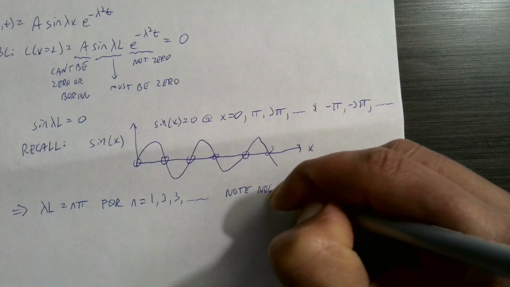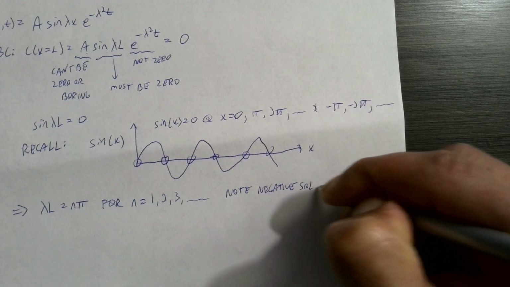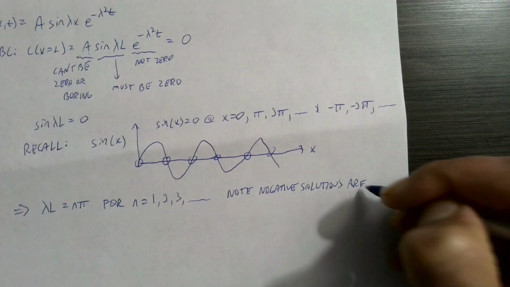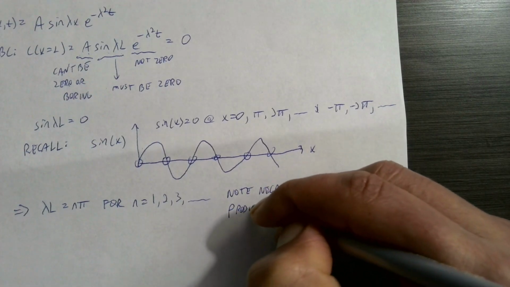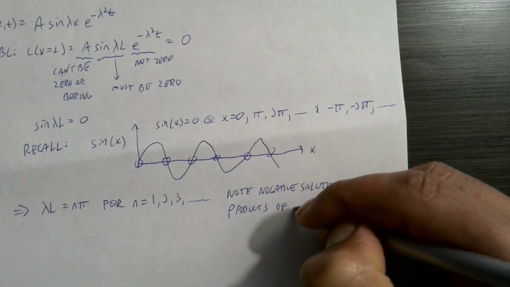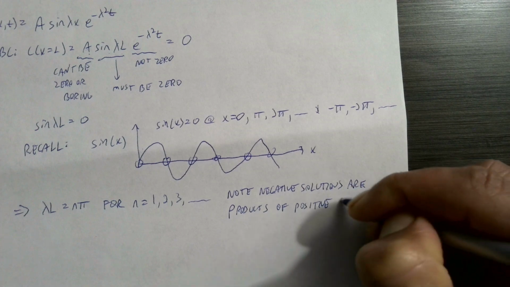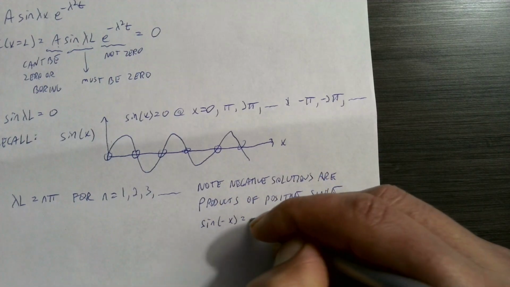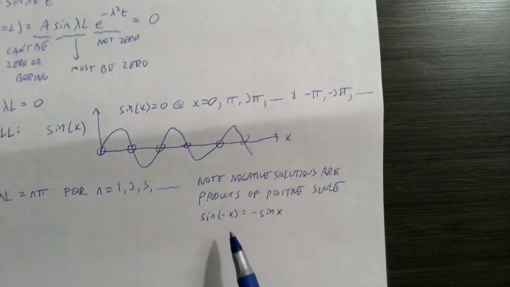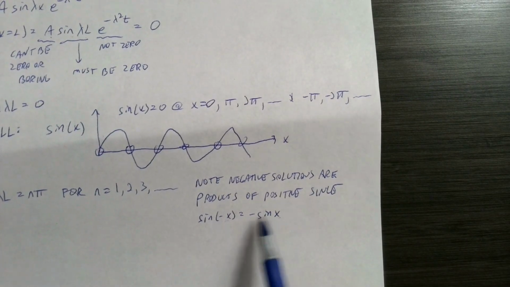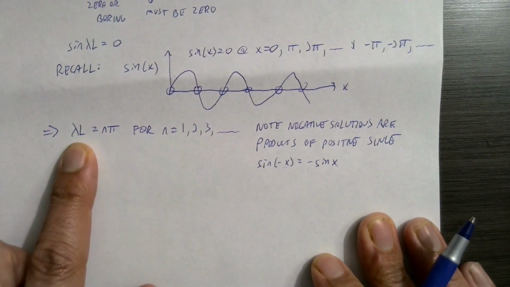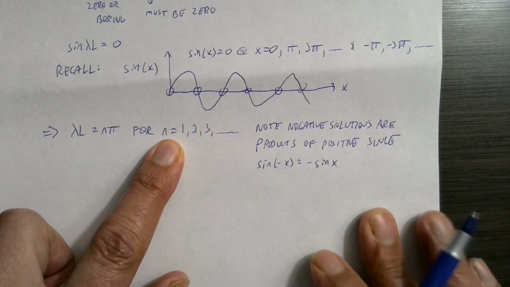Note negative solutions are products of the positive ones, since sine of negative x is equal to a negative sine x. So this means that if n is negative 1, it's really n of 1 just times the negative, which is a constant. Okay, so it turns out that we can capture all the possibilities here with just the positive ones. And again, the 0 doesn't really mean anything in this case.